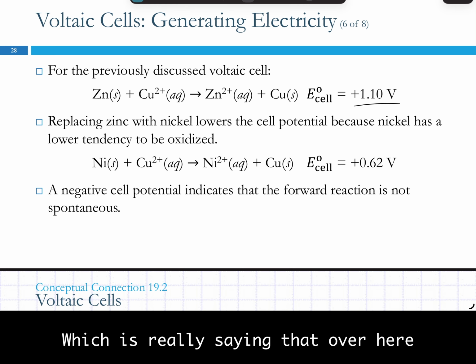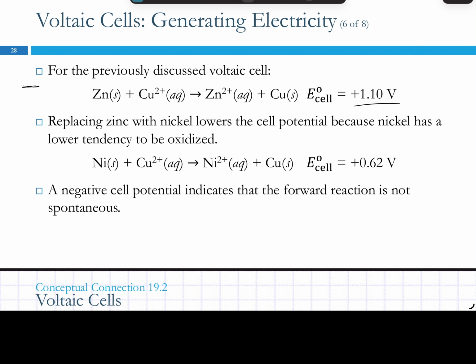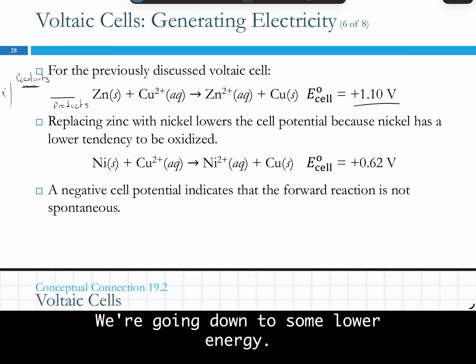Which is really saying that over here, the electrons are in a higher energy. This is E. Again, reactants going to products. We're going down to some lower energy.